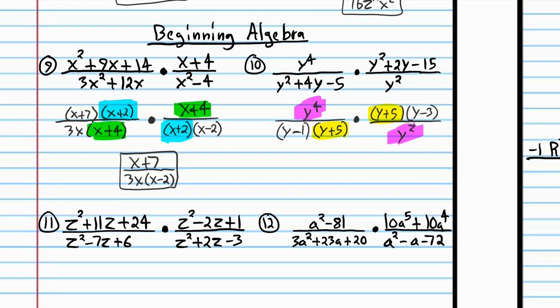So you just subtract the powers. 4 minus 2 is 2. So we're left with y to the 2nd up here. And then we multiply it by y minus 3. And in the bottom, there's nothing here anymore, so it's just considered to be 1. So y minus 1 times 1 is y minus 1.